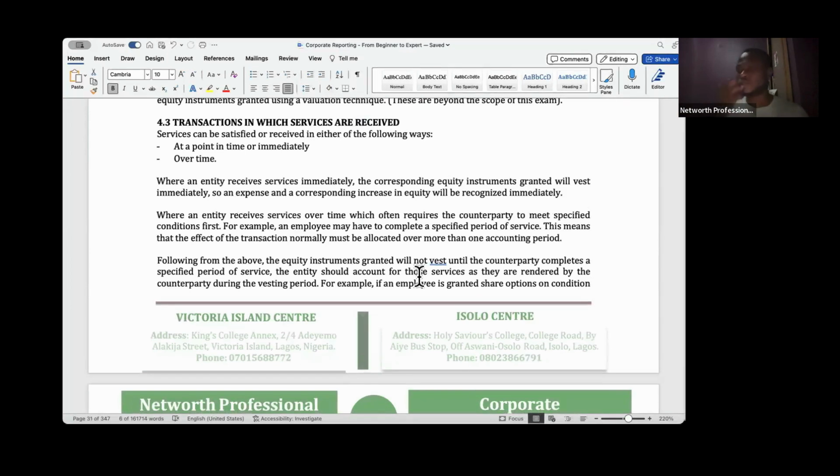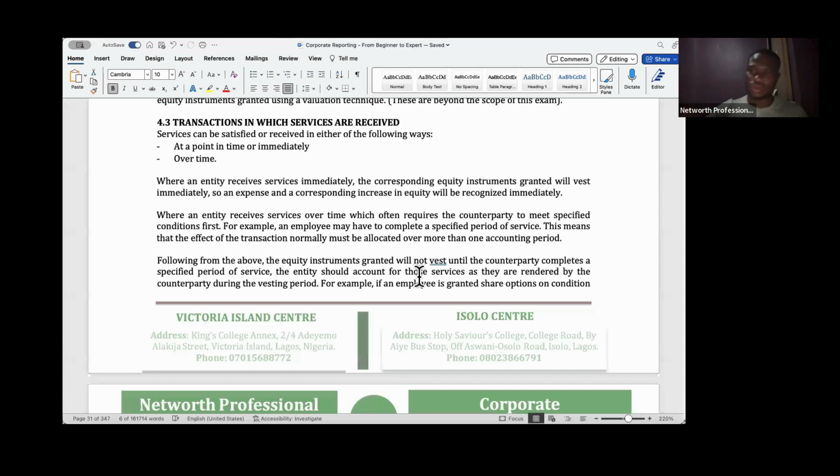Those that render services at a point in time are usually suppliers. Suppliers render services at a point in time. They'll just come, deliver goods and it ends there. In those cases, you will not find the entity or the buyer issuing share options, because a share option is something that would crystallize or vest in the future.